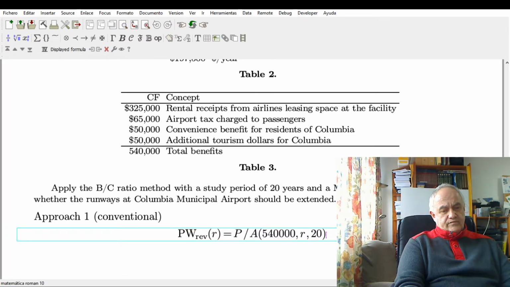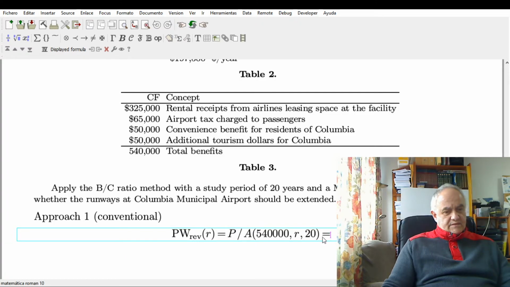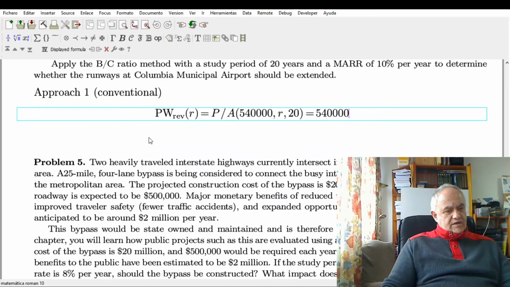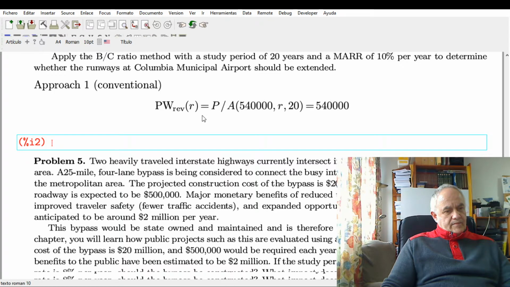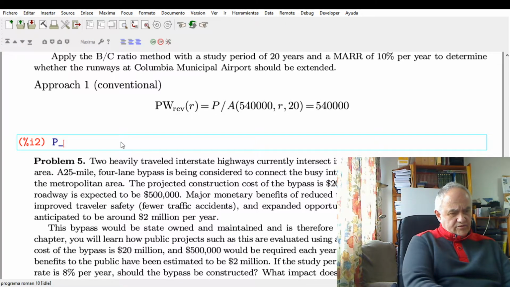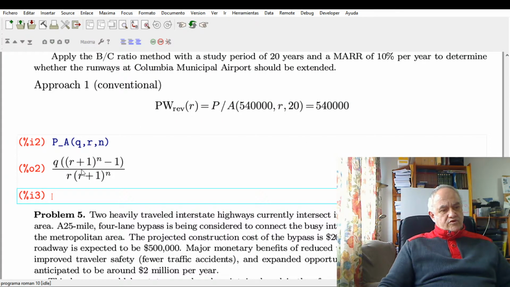Okay, we know the formula of this, and we can calculate it. We can introduce manually. You remember, it's something like this, but it's actually not necessary as far as we have Maxima that will help us for this. Okay, if we open Maxima here and ask, please tell me what's the expression for present value of an annuity, Q, R, T or N, better N. Okay, we know the expression.